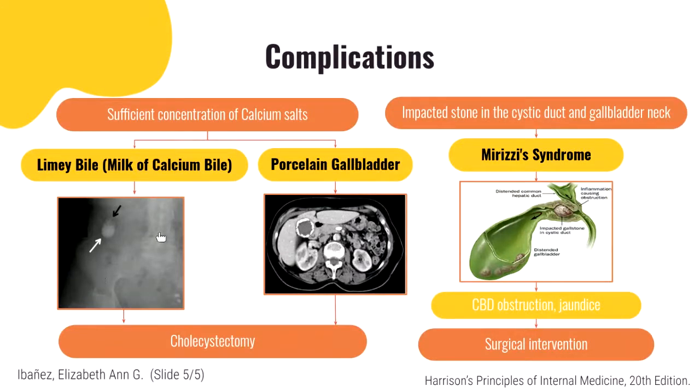For porcelain gallbladder, abdominal CT scan would reveal, as you can see here, a calcified rim with a dark central bile-filled region. Both of these will be managed with cholecystectomy. It is important to take note that porcelain gallbladder highly progresses to gallbladder carcinoma.